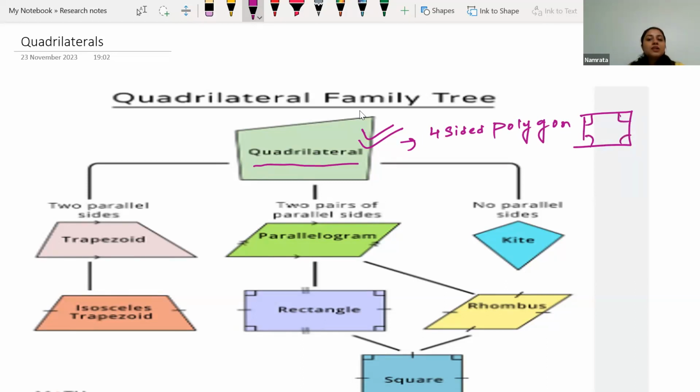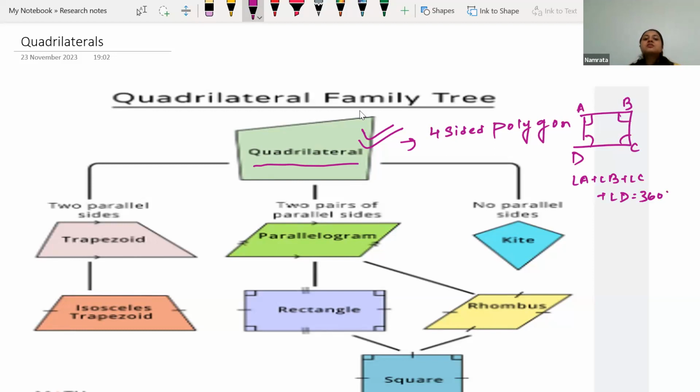The sum of the interior angles is 360 degrees. If this is a quadrilateral ABCD, then the sum of angle A, angle B, angle C, and angle D will be 360 degrees. And this is applicable not only for this quadrilateral but for each and every other member.